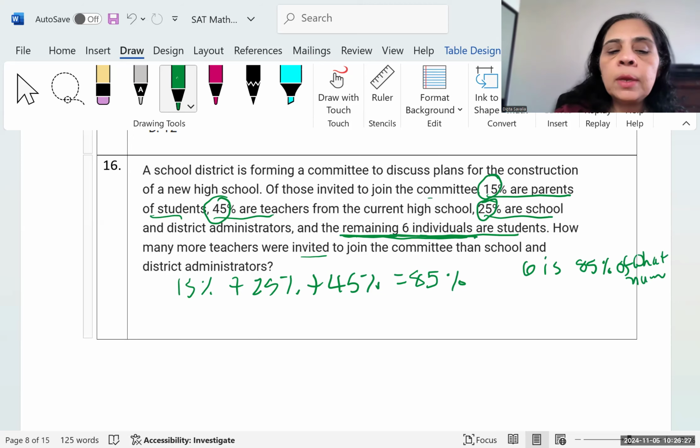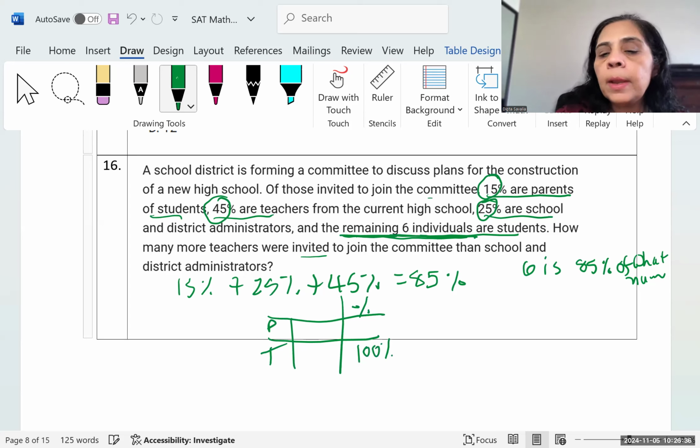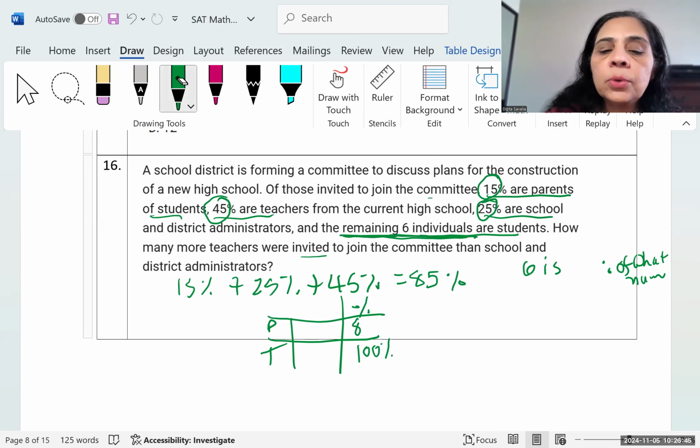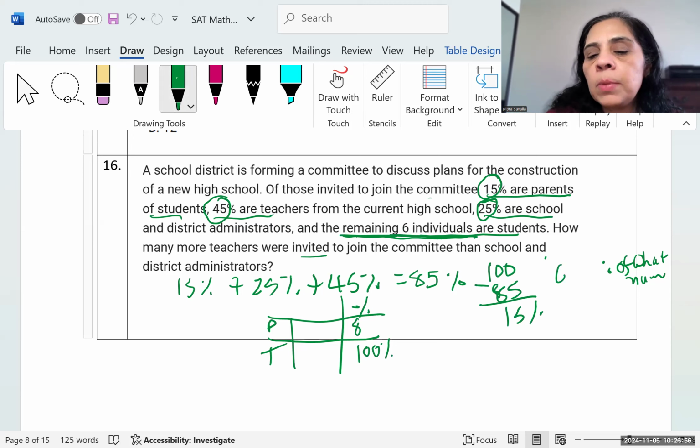Then you can make a chart with the part, the total, and the percentage. Sorry, the remaining we have to subtract from 100, so 100 minus 85 is 15. That means 6 is 15% of what number?